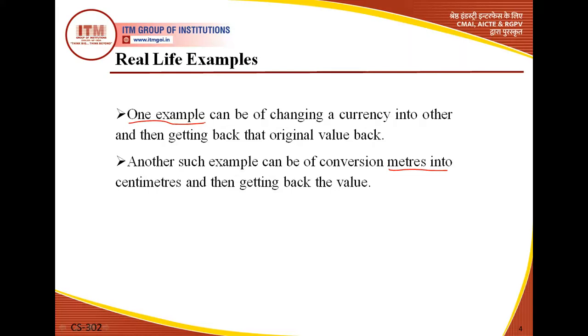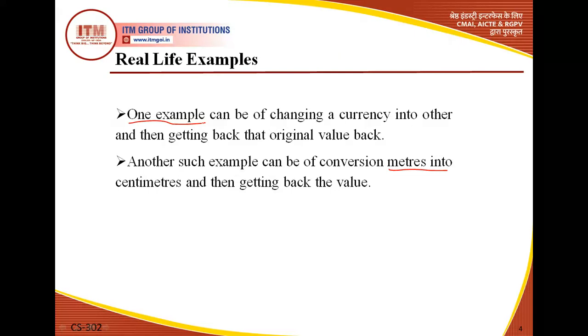So let's see the example over here. First example is that you're changing the currency. From rupees you're going to some other currency like a dollar, and then from dollar you are coming back to Indian rupee.